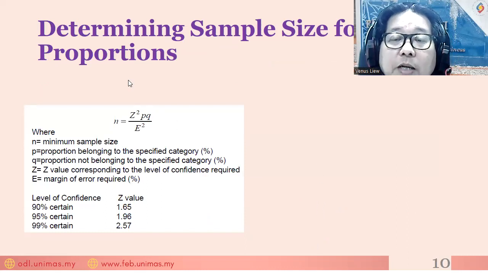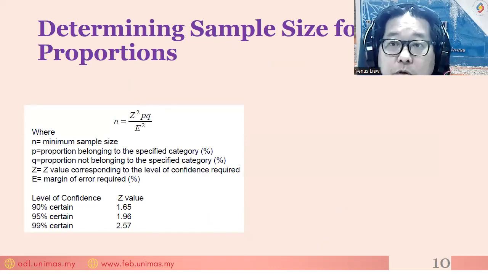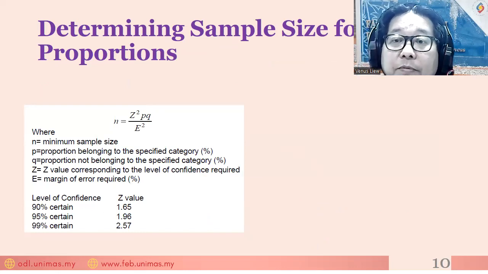Next is to determine the sample size for proportion. Proportion, how many percent of your customers? What is your market share of your customers? For example, this is talking about proportion. So N is Z squared times P times Q divided by E squared. P is the proportion belonging to a specific category.